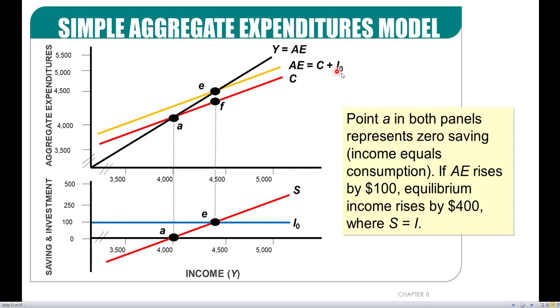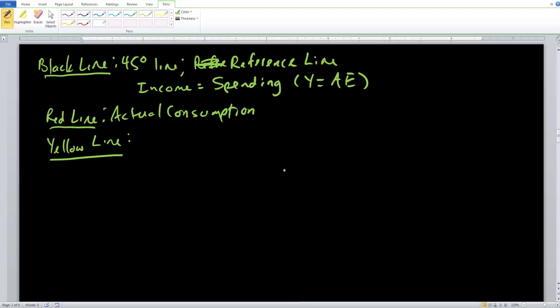So here, in this case, investment shifts up by $100, so the line shifts up parallelly by $100. Because investment has no relationship with income at all, what we need to do when we add investment is shift up the line by the amount of investment. So here, in this case, our line goes from C all the way to this yellow line. It's shifted up by $100. So here, the yellow line is actual consumption.